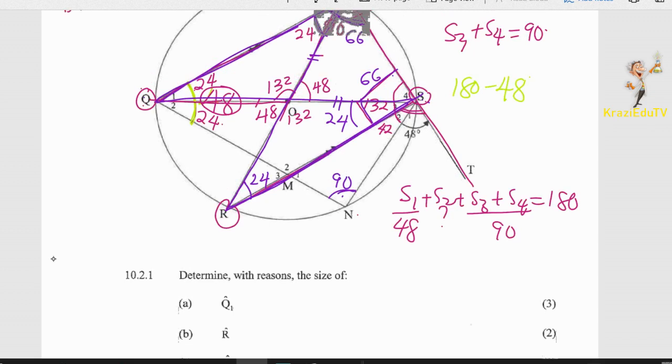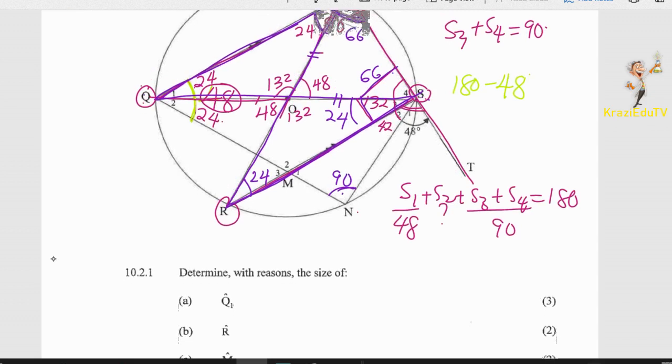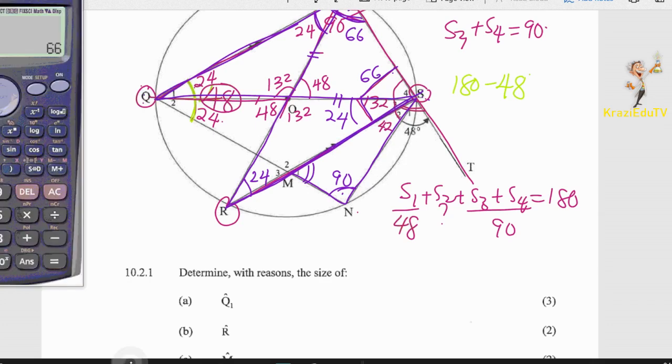Alright, we didn't get M1. Oh, but we can get M1 now. Let's see, we can get M1 since we have a triangle. Do you see a triangle there? Since we have a triangle there, this is 180 minus 90 minus 42, which is 48. 90 minus 42 would give us what? 48.